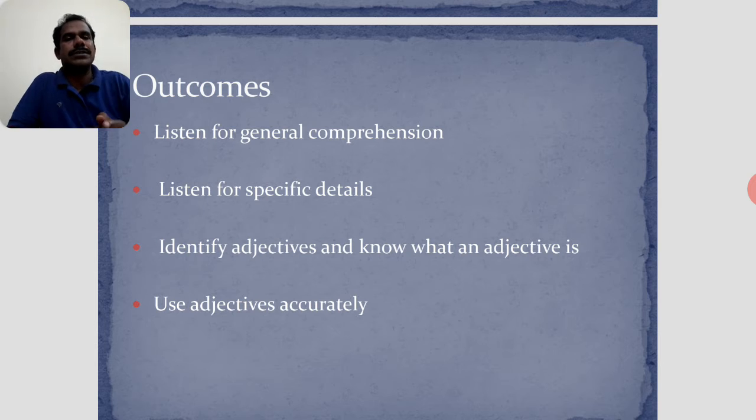The outcomes of this lesson: we have to listen for general comprehension. Whenever we listen to a comprehension, we have to understand the adjectives from it, and we have to listen for the specific details of that lesson.